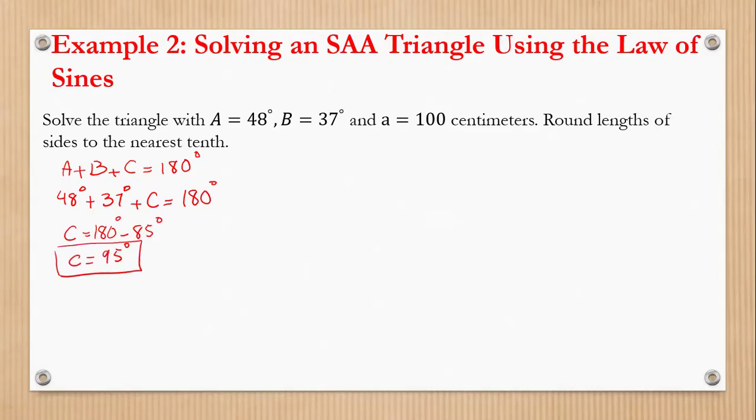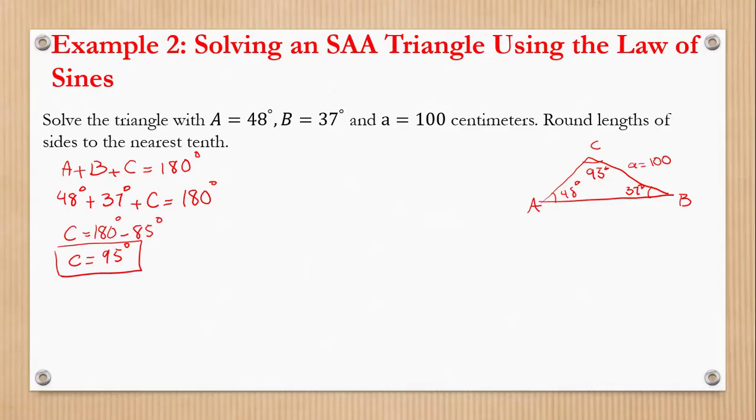So now I have a triangle in which A is 48 degrees, B is 37 degrees, and C is 95 degrees. Side A, which is the side opposite to angle A, is 100.